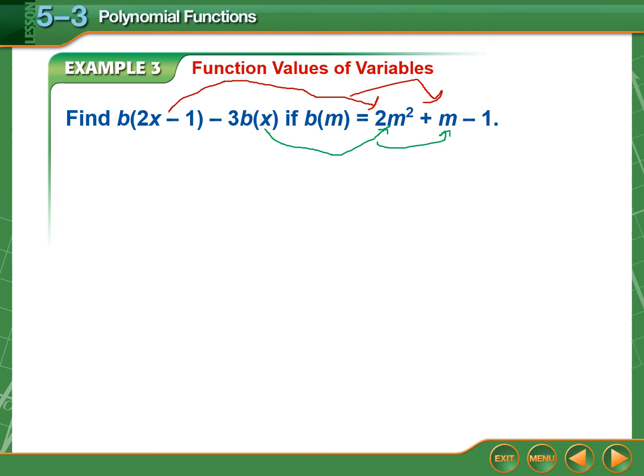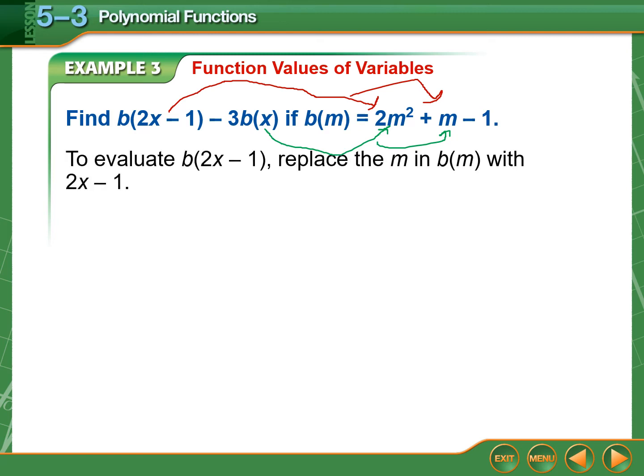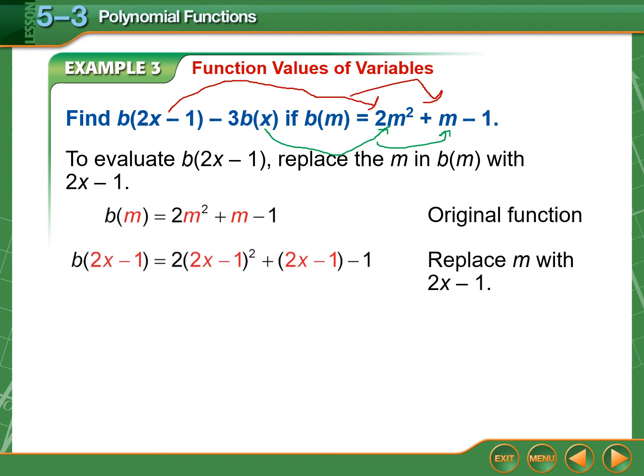So let's work our way through that. We're going to focus on the 2x minus 1 first. There's our original function, 2m squared plus m minus 1. Plug in 2x minus 1. We're going to replace it or substitute it. Notice there's a squared here, so we're going to need to deal with that.